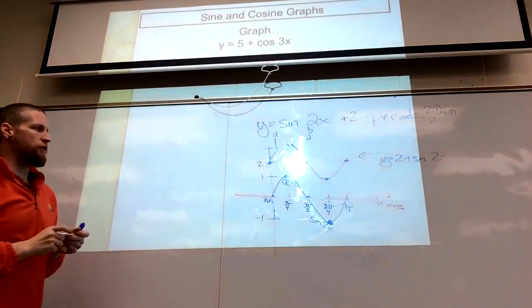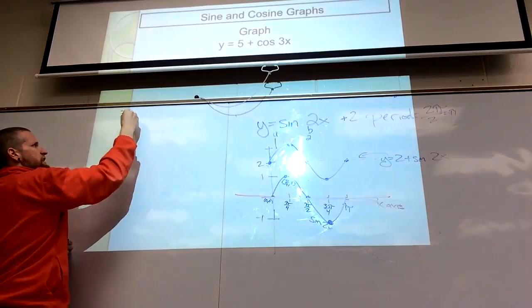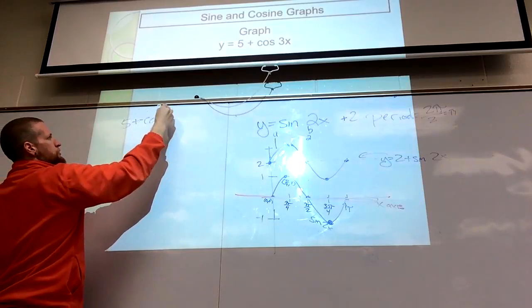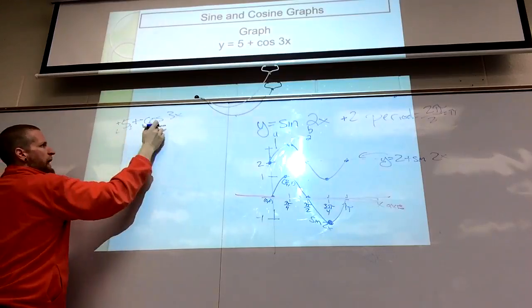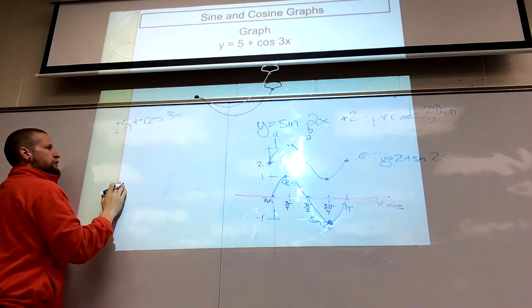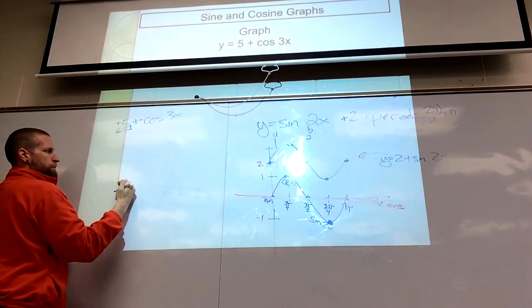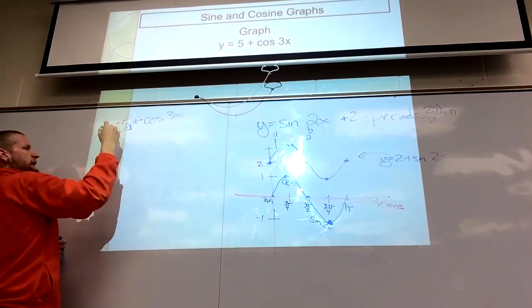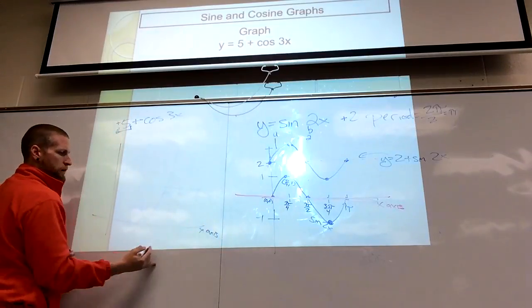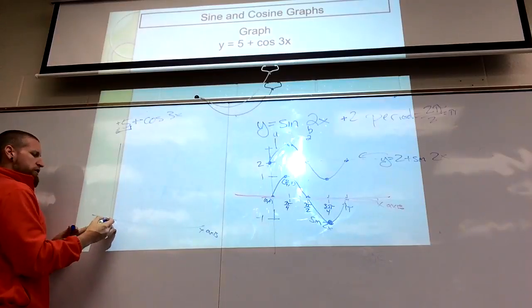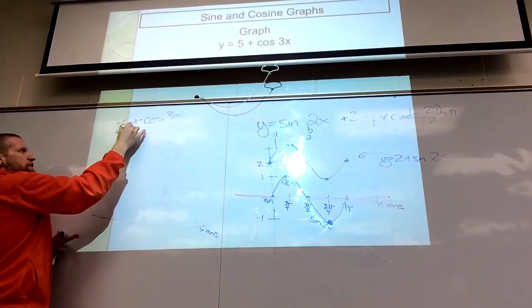So one thing you could do, like if I was doing the one that's up there now, I see this as 5 plus cosine 3x. So that means I've got a number here that's a positive number added to the function. Since this is a separate number, it's going to be a vertical shift. So I can take essentially what is my x-axis here and just say, well, since this x-axis originally starts at 0, I can move this thing up to 5 because that's how far it's moving.